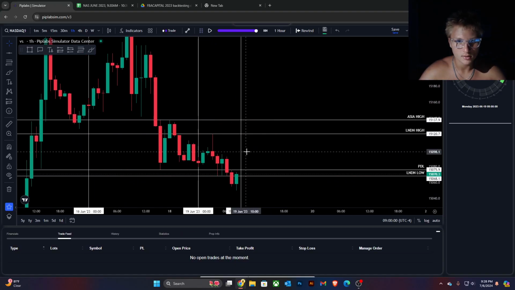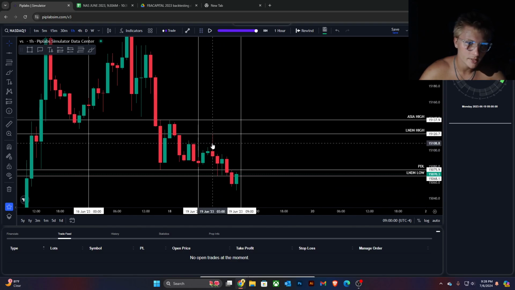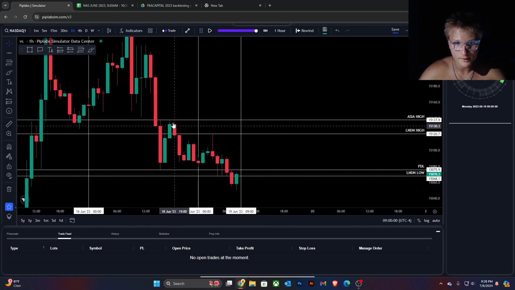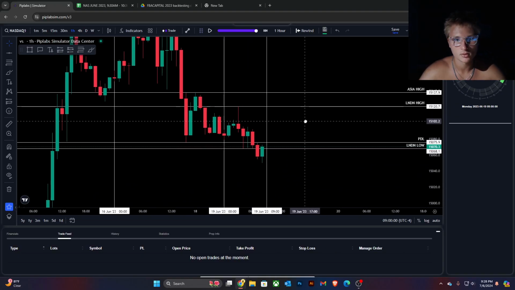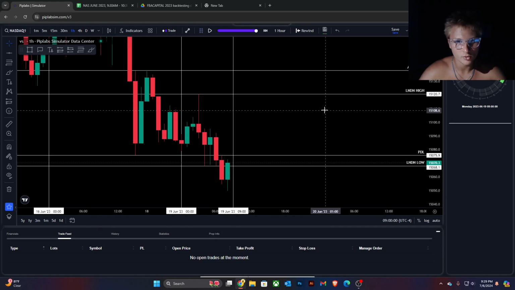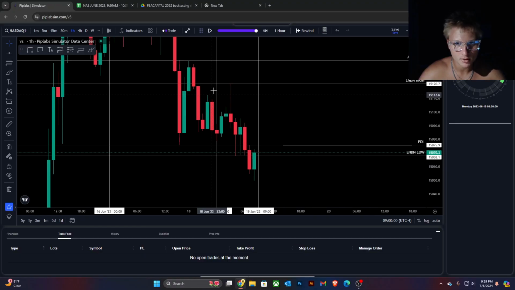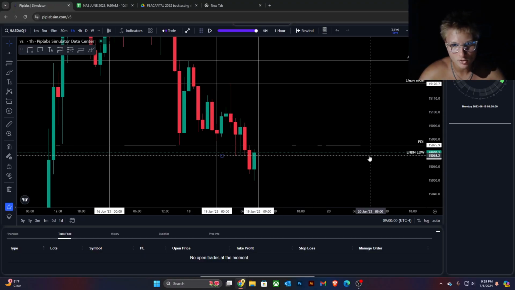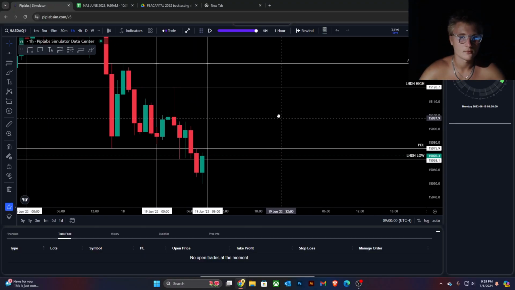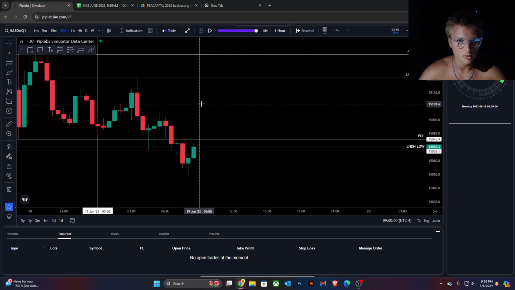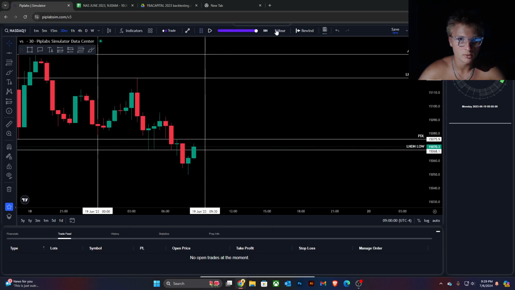I'm just looking at this London manipulation here at 3 a.m., how price grabbed all this liquidity to continue down. So the New York session could be a continuation of this London downtrend. But we're going to skip to 9:30 a.m. market open now.